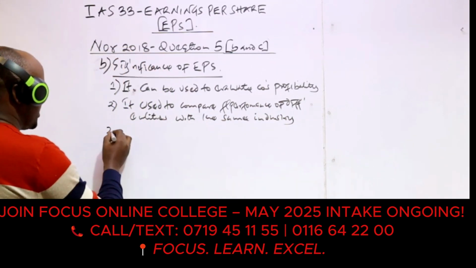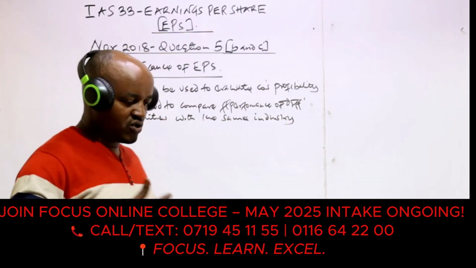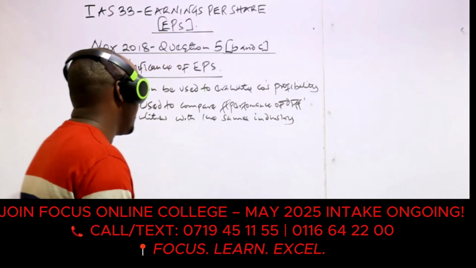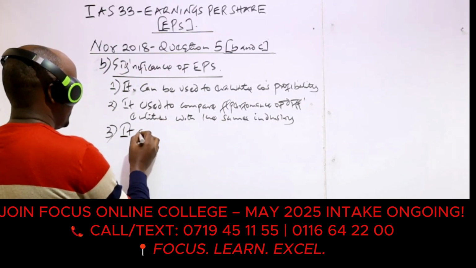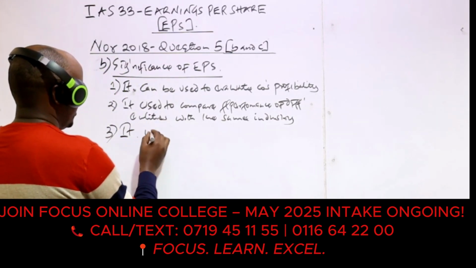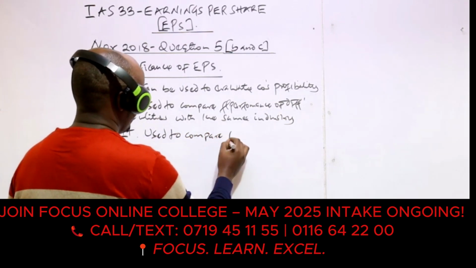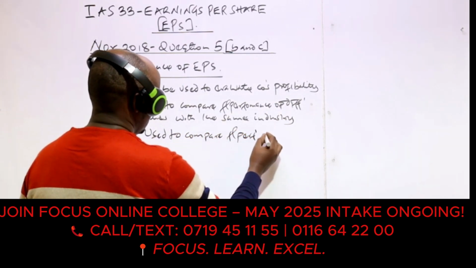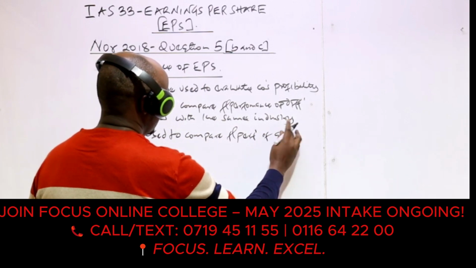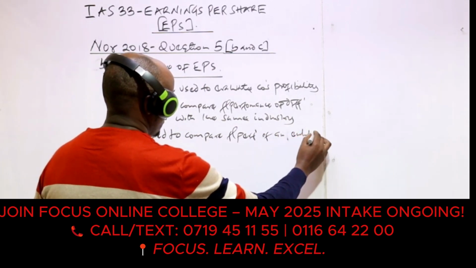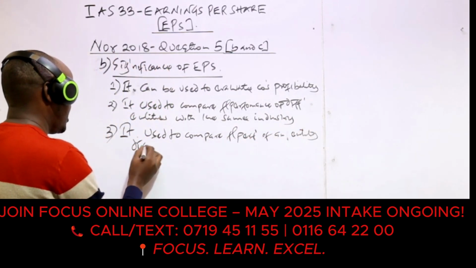So shareholders can use earnings per share to compare performance of different companies within the same industry. And number three, it is used to compare financial performance of an entity in different years.